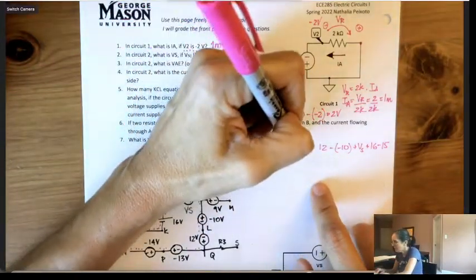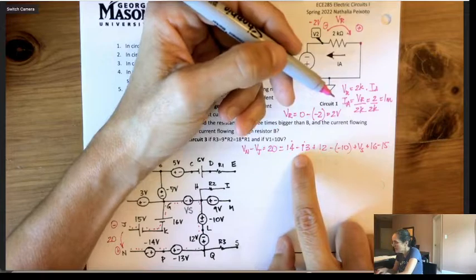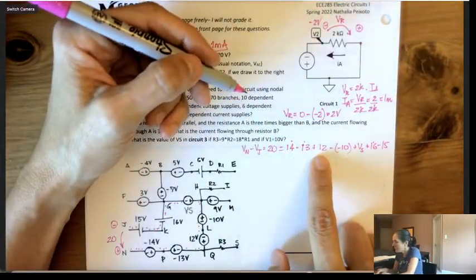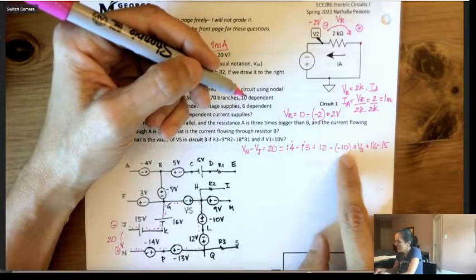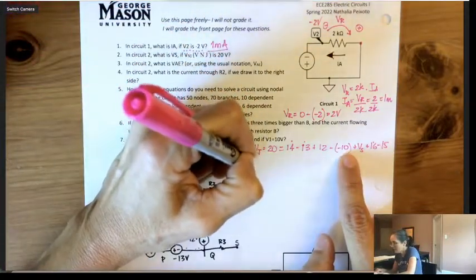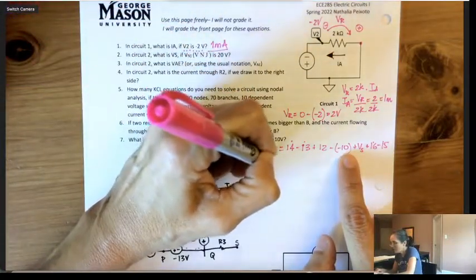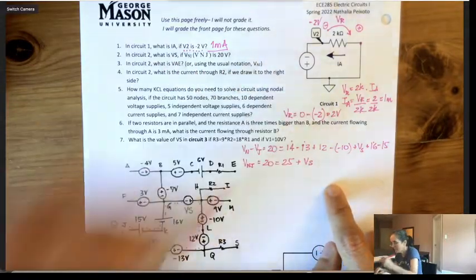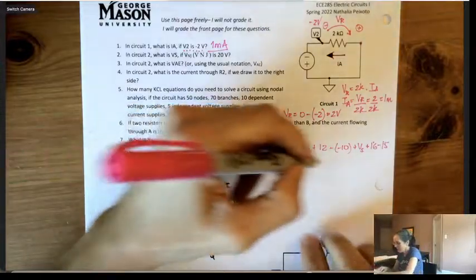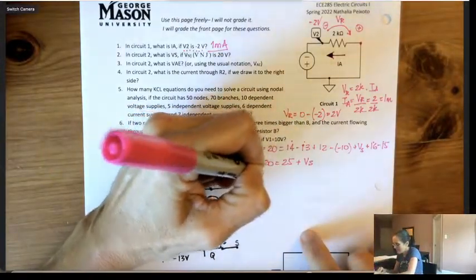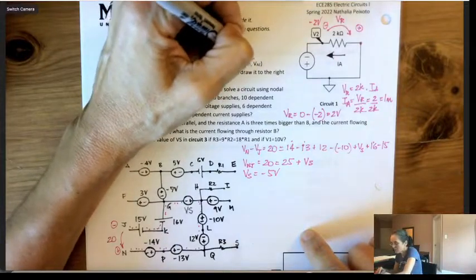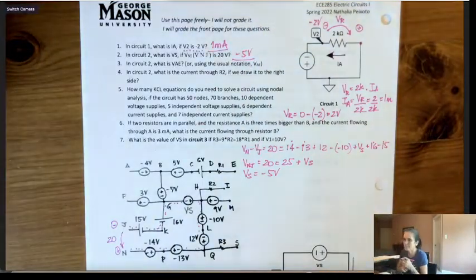So 14 minus 13 is 1, and this is also 1, plus 12 is 14, plus 10 is 25, so Vnj is 20, which is 25 plus Vs, and therefore Vs is minus 5 volts. So in the front page, I would enter minus 5 volts.